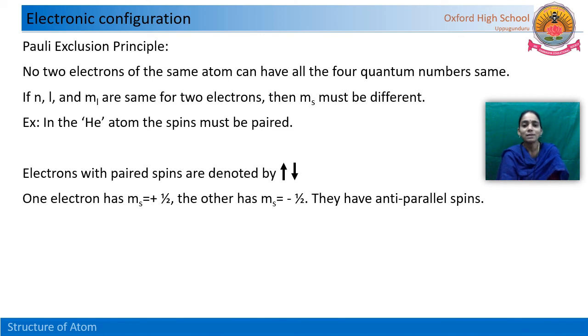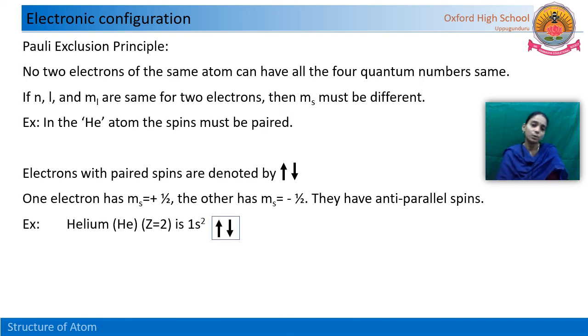The other has spin quantum number minus half. They have anti-parallel spins. Helium's atomic number is 2 and the electronic configuration is 1s2. In the orbital representation, it has one upward arrow and one downward arrow.